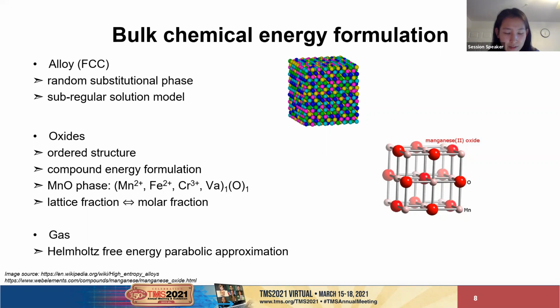And finally, for the gas phase, we assume the oxygen to be the van der Waals gas, and we calculate its energy using the Helmholtz free energy function. Because the Helmholtz free energy has a very complicated form, we'll have to use the parabolic approximation to eventually approximate the gas phase energy.